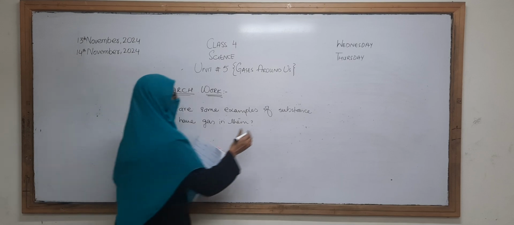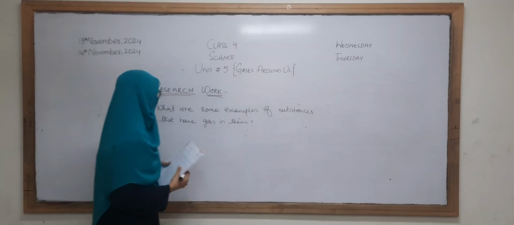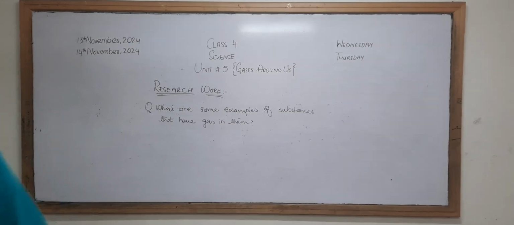You have to search for some substances that have gas in them, just like we discussed the fizzy drinks, cake, chocolate bar, and bread also having gases, air, in it. So you have to do the research work and write it in your notebook.